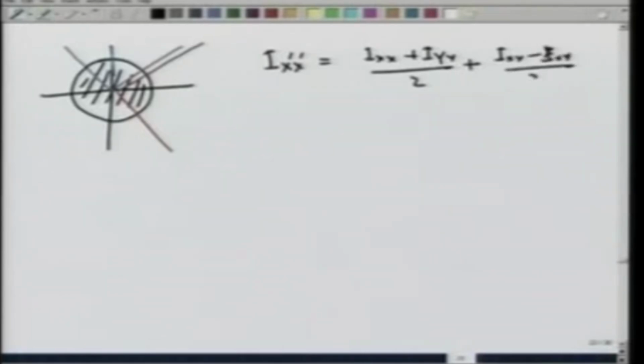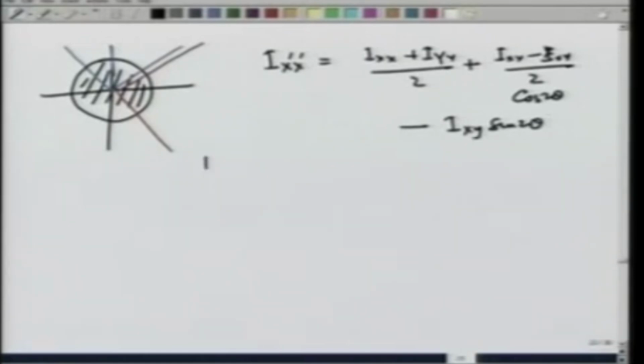So Ix prime we saw already is Ixx plus Iyy divided by 2 plus Ixx minus Iyy divided by 2 cosine of 2 theta minus Ixy sine of 2 theta.